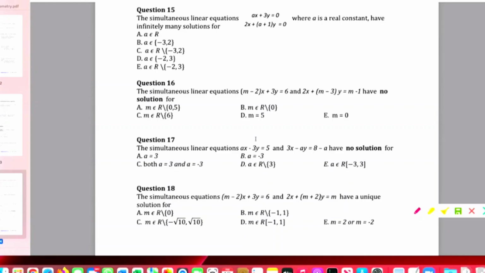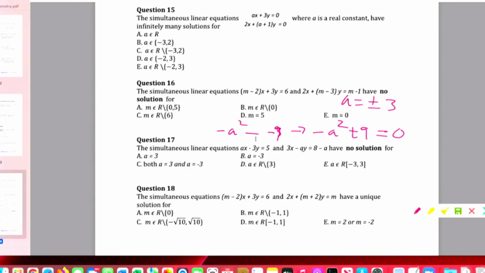Okay. So A, I'll tell you how to do this mental math. A is going to multiply with A, minus A, so it's going to be minus A squared, right? Minus 3 times 3 is going to be minus 9. So this should be minus A squared plus 9. Determinant is equal to 0, so A is equal to plus and minus 3.